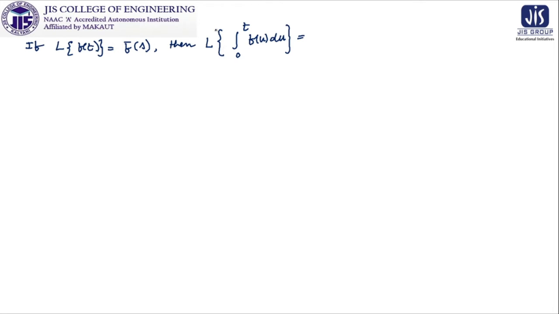That means we are doing the Laplace transform of a function of t, so we must get it in terms of s. It is going to give us 1 by s times f bar s. This is the simple property. We are going to apply it to various problems where we can see that it is very helpful.